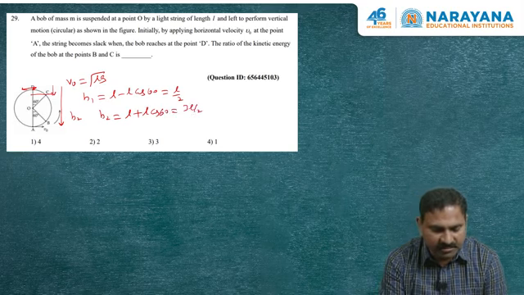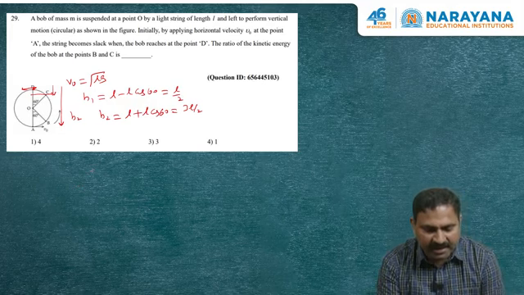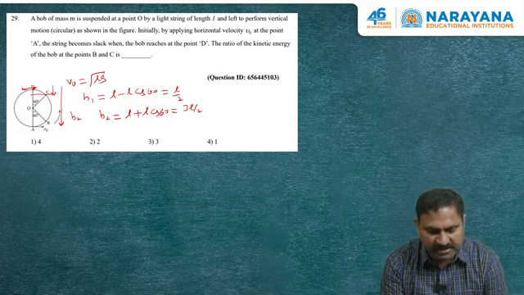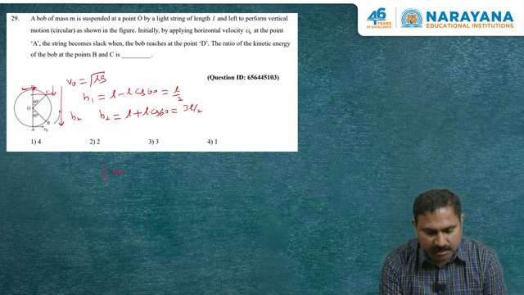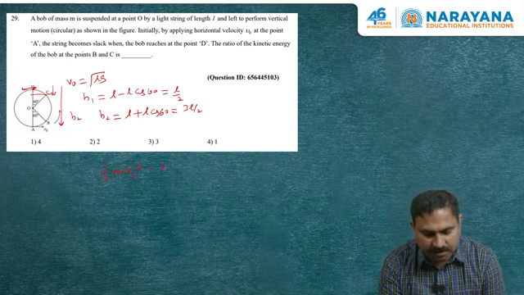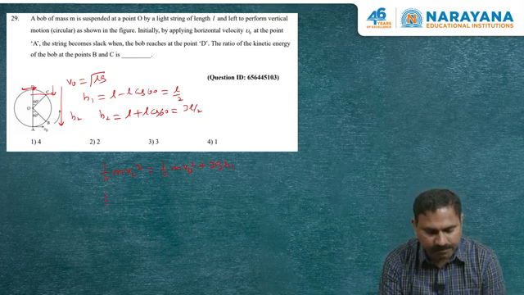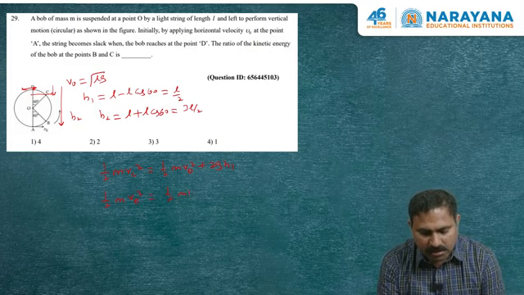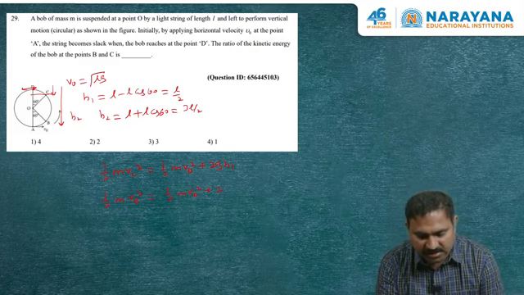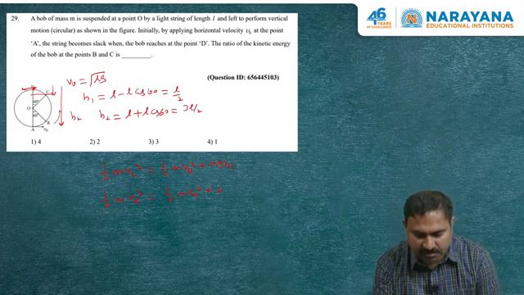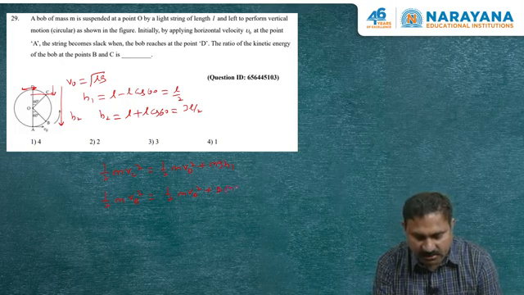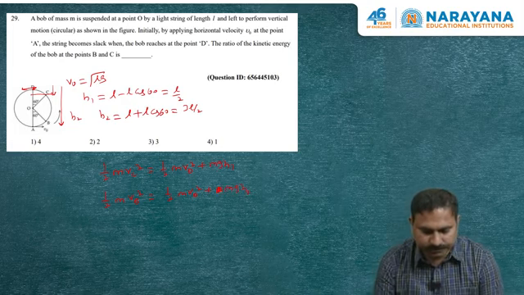Now from energy conservation, we find the speed at point C, as the ratio of kinetic energies is asked. The kinetic energy at point C can be written as half m Vc square equal to half m Vd square plus mg h1. Similarly for point B, half m Vb square equals half m Vd square plus mg h2.